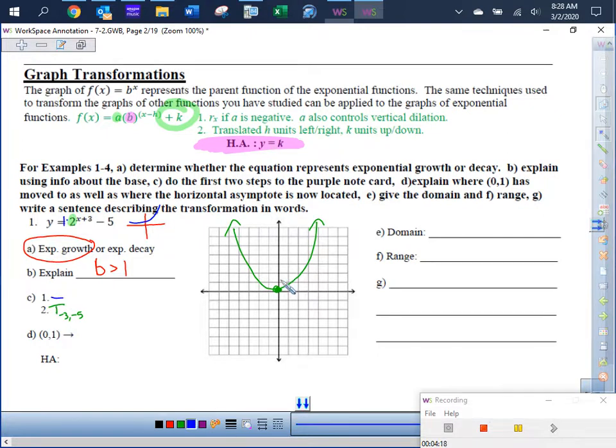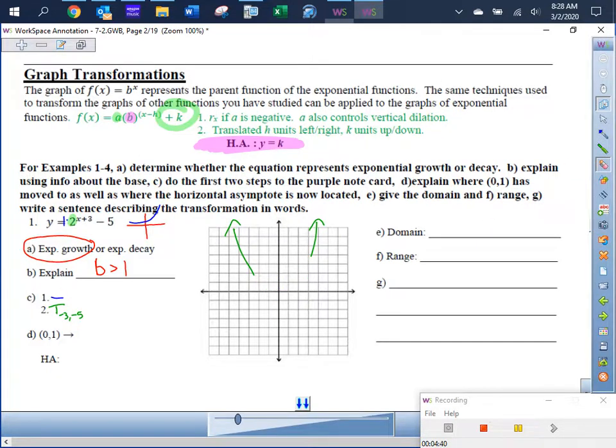Because you watch here, 0, 1 is like right there as opposed to 0, 0. And would you believe if you reflected over the x-axis, that 0, 1, bada boom, moves down here. It has somewhere to go because 0, 0 never moved anywhere when you reflected him over the x-axis because he's on the x-axis. So it depends on what we've got going on. However many things that happen in our 2 steps for our purple note card, that's how many things we got to do to 0, 1.